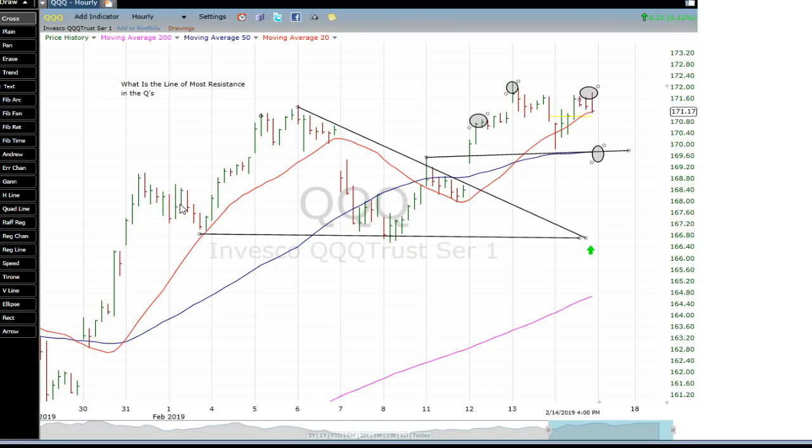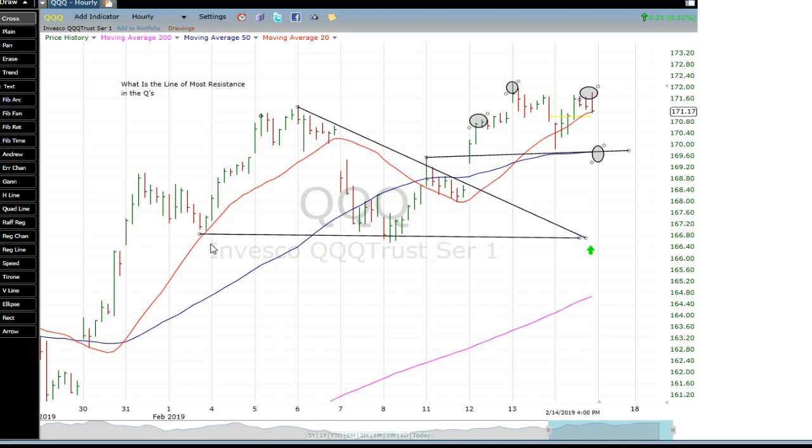In my trading, I use something called a live angle to define what the line of most resistance is. Basically, this live angle and what I call the line of most resistance are the same thing. Here's a live angle. I take a trend line down from prior highs, this is an hourly QQQ, or coming up from prior lows, and extend it out, and this determines what I call the line of most resistance.